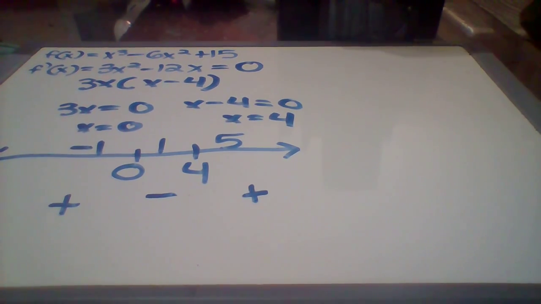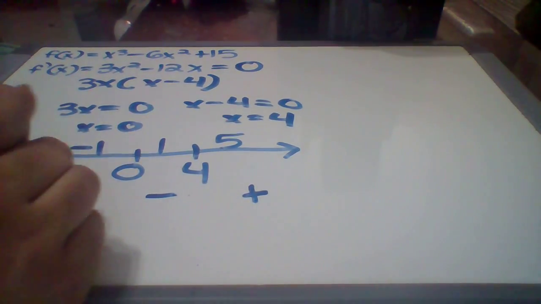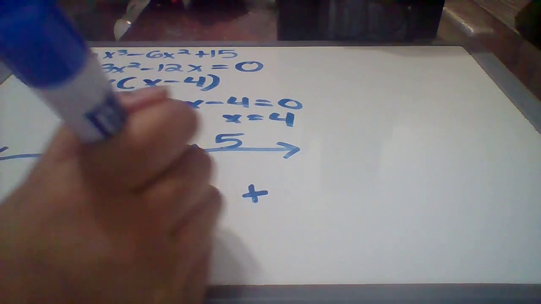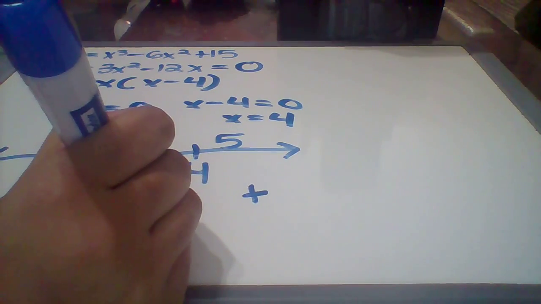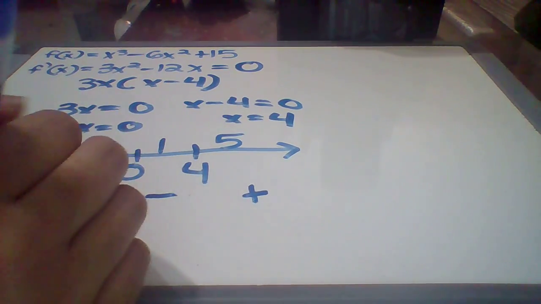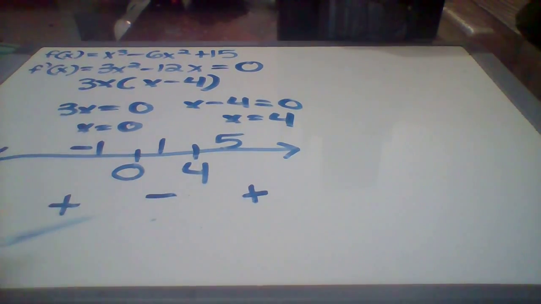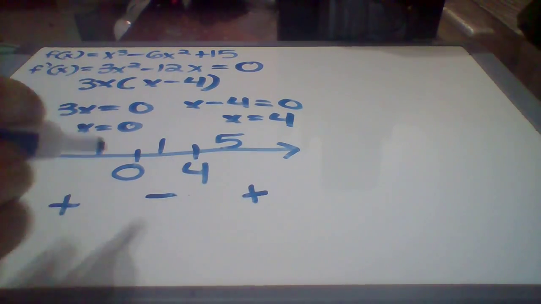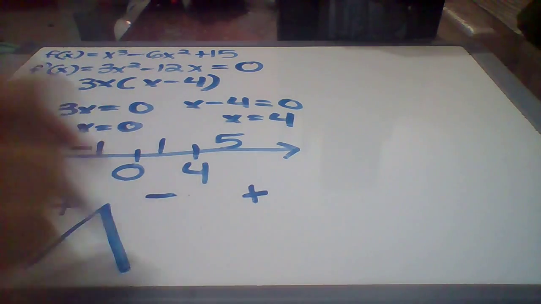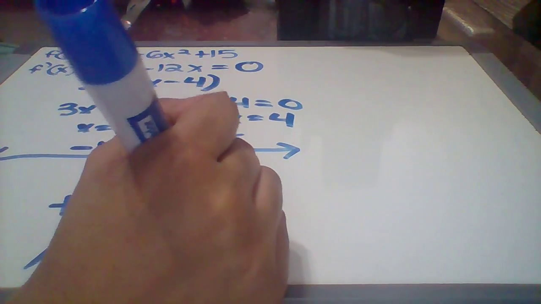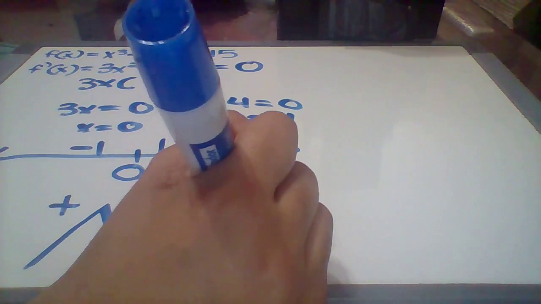So then because this is positive, it's going to look like positive slope, and then this is going to be a negative slope. Let me redraw that. And then I'm going to use this negative again, so a negative slope and then a positive slope.